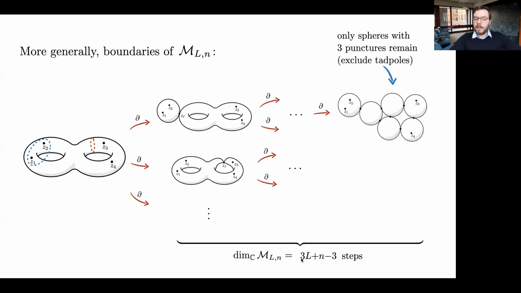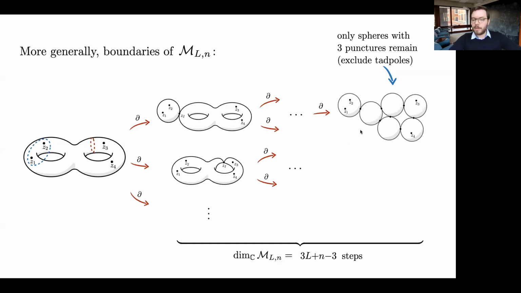So after exactly 3L plus N minus 3 steps, which is the dimension of the moduli space, we land on something which is purely fixed. And that is going to be given by configurations of spheres with 3 punctures each. And I will exclude tadpoles for the purposes of this talk.